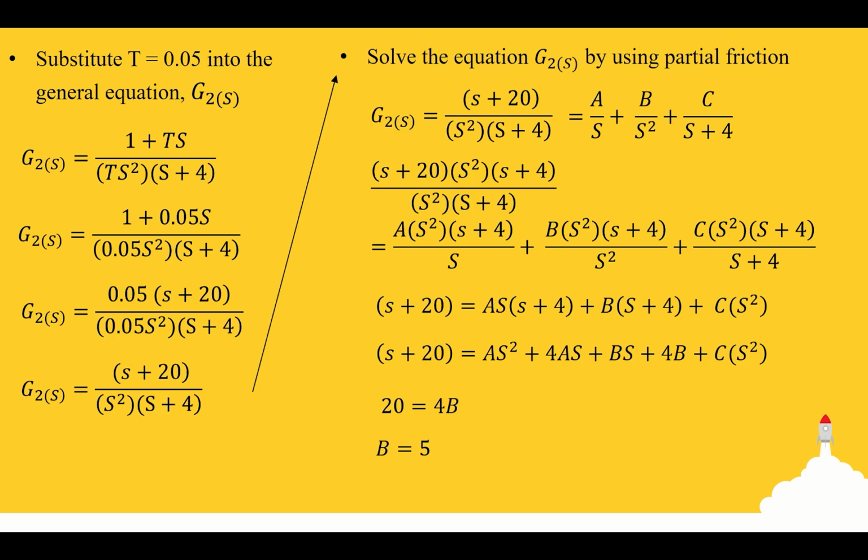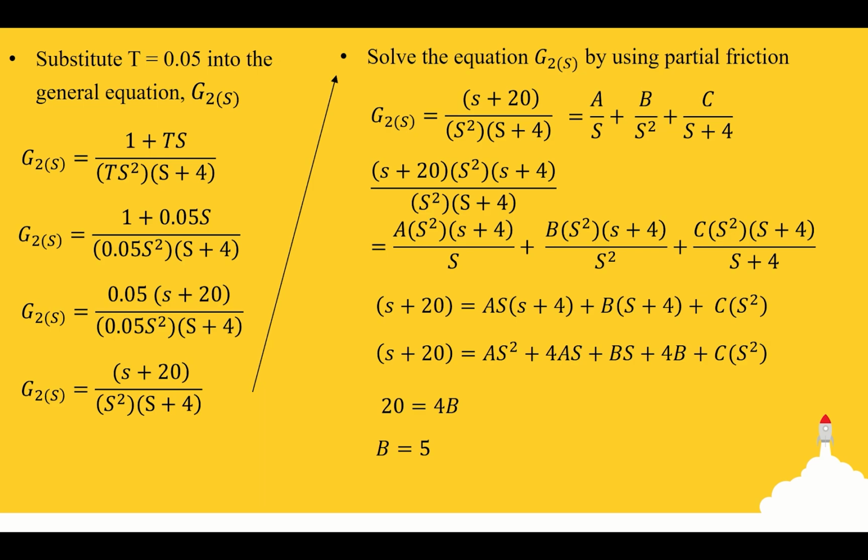We cut it into 3, which are A, B, C. For every part, A, B, and C, we have to multiply by the denominator, for example A must be multiplied by S squared times S plus 4, and likewise for B and C. And therefore we will get S plus 20 equals A S plus 4 plus B S plus 4 plus C S squared.